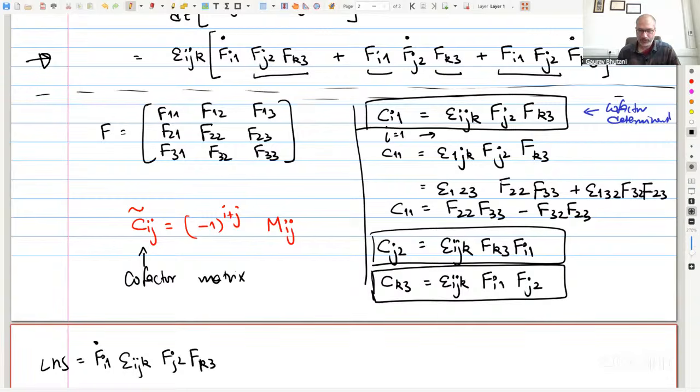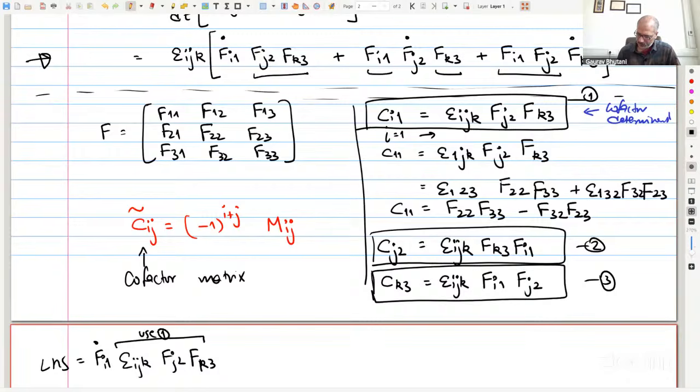So that's the first term if I've opened the brackets. Now let's look at this term. So that's epsilon ijk Fj2 Fk3. So if you look at this, let's number these cofactor determinant equations. Let's call them 1, 2, and 3. So this is simply the use of 1.